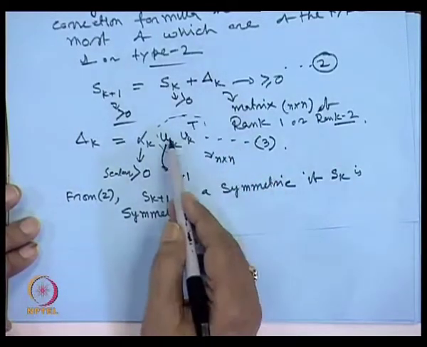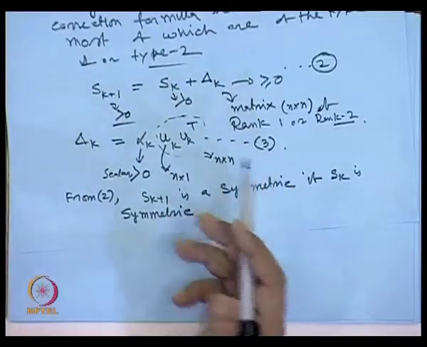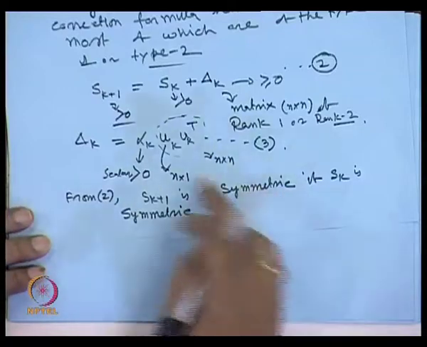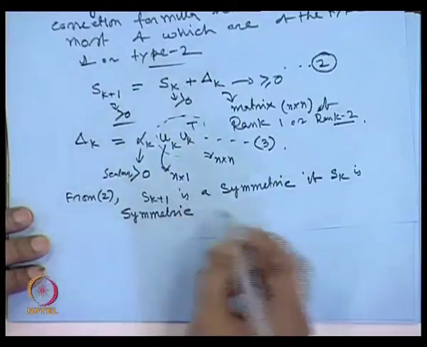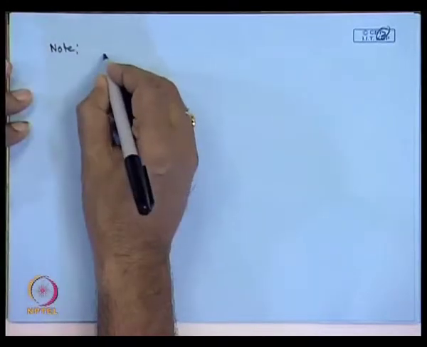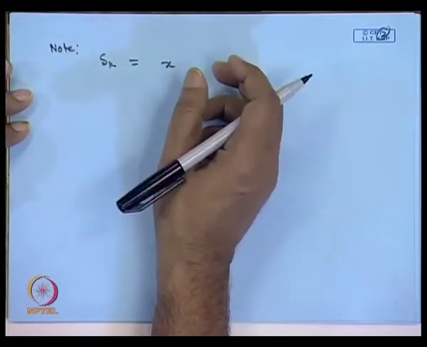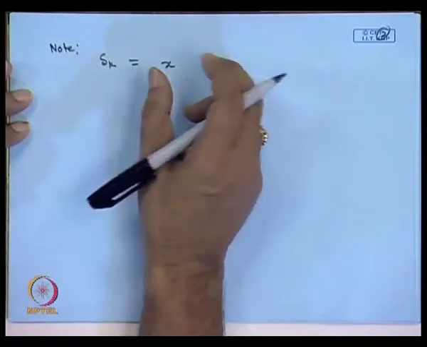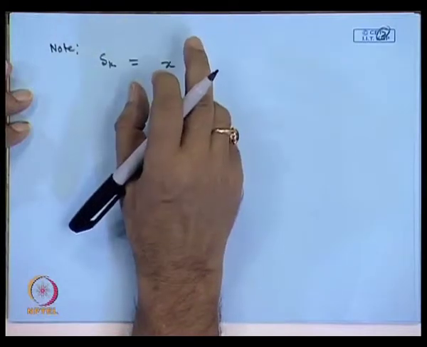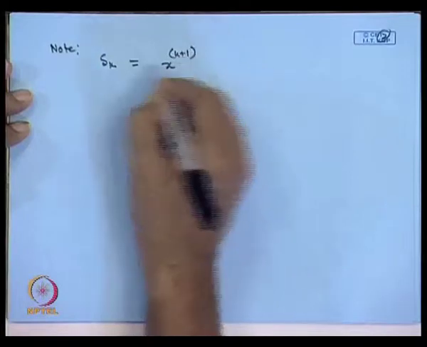And when you take the outer product of two same vectors, you will get a symmetric matrix. Okay. So, a symmetric matrix plus a symmetric matrix is a symmetric matrix; that is from 2 you can see this. Then note what we have defined: delta k is nothing but the change in decision variable value at the k plus 1th instant minus that at the kth instant. So, that we denote by the symbol delta k.